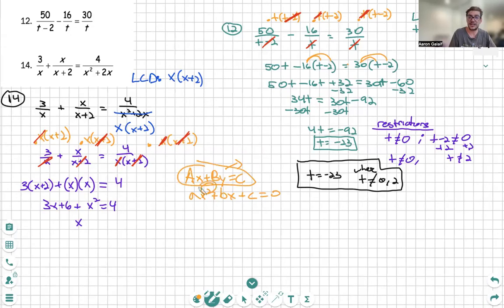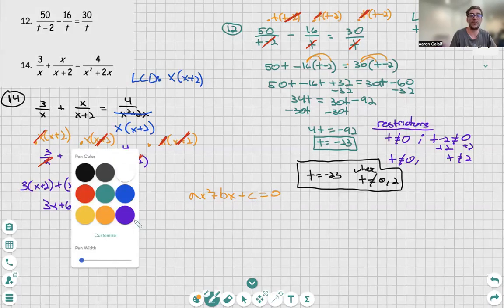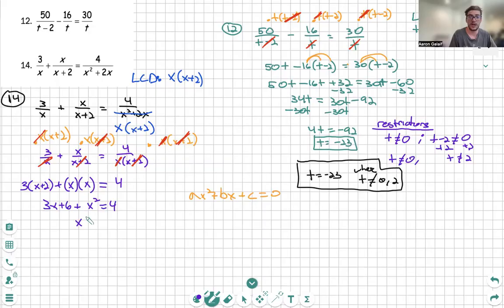Or AX squared plus BX plus C equals 0. That X squared is my key to tell me that we are quadratic. So now that we know we're a quadratic, we can see AX squared plus BX plus C equals 0. So we're going to move everything over. X squared plus 3x, subtract the 4 plus 2.